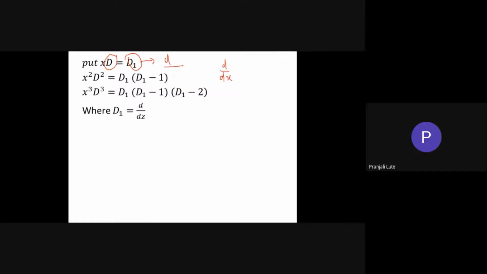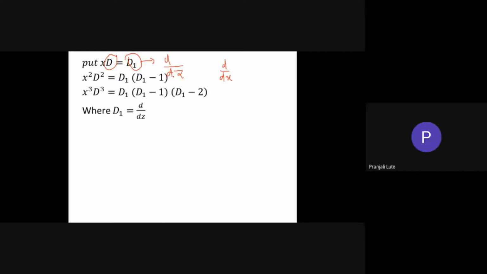Why do we use d/dz? Because we have to convert the given differential equation with variable coefficient into a linear differential equation with constant coefficient. We used the substitution e to the power z. So x is replaced by z, so d/dx is also replaced by d/dz.